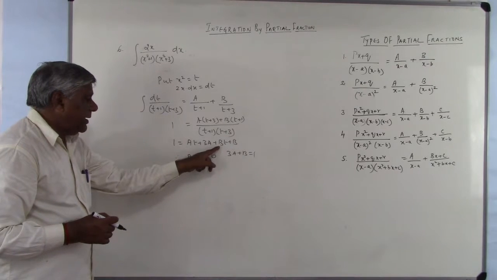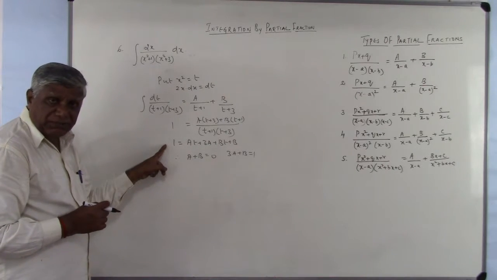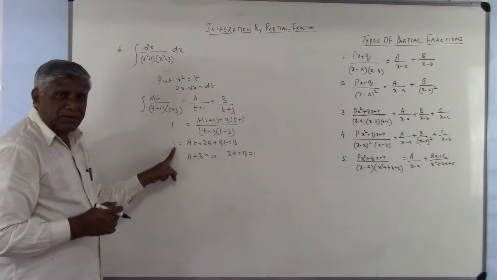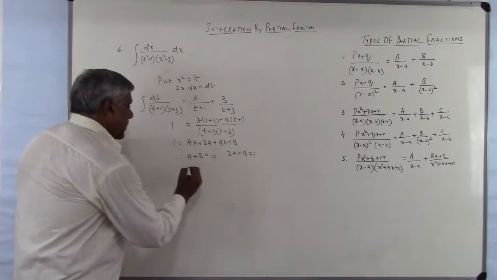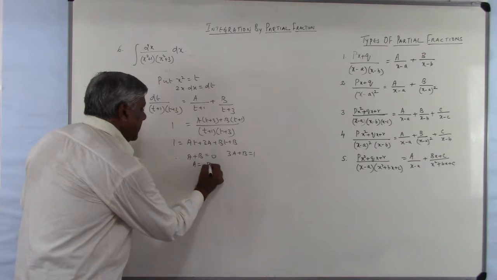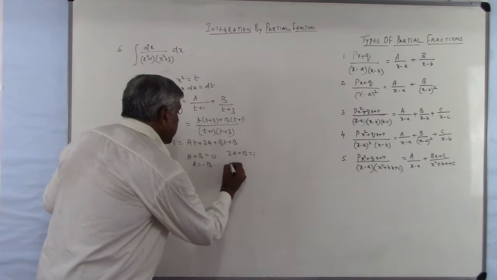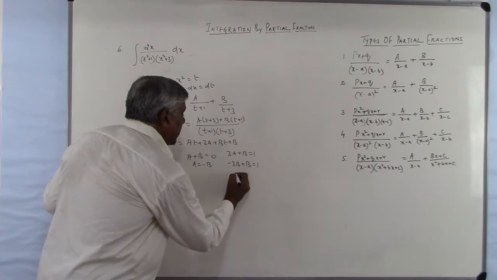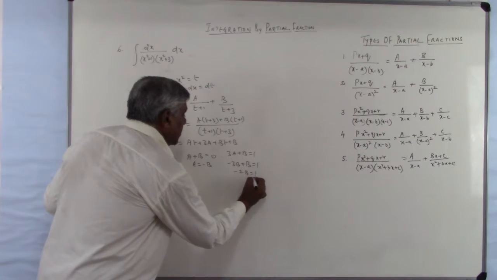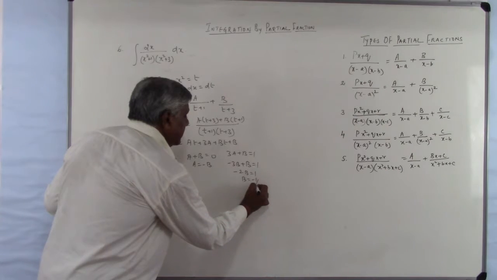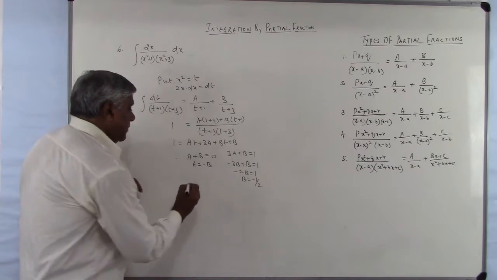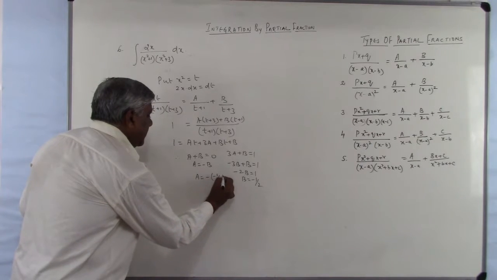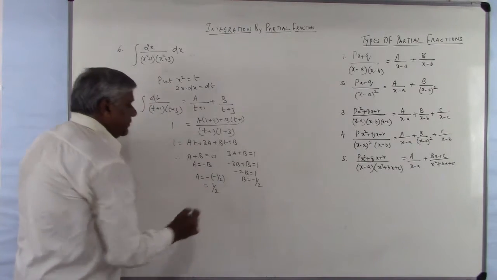Now a is equal to minus b, therefore substituting here, minus 3b plus b is equal to 1, or minus 2b is equal to 1, b is equal to minus half. Therefore a is equal to plus half.